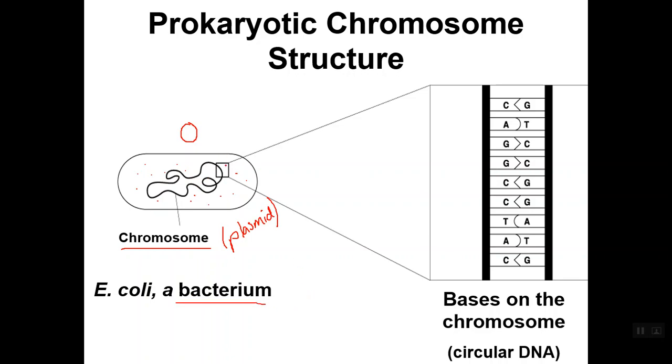But if you zoom in to its plasmid, or its strand of DNA, you'll notice that it's structured the exact same as it is in eukaryotes. You have the typical C, A, G's, and T's that you're probably familiar with from middle school. That does not change because it's a bacteria. It's just a circular chromosome rather than a linear one.